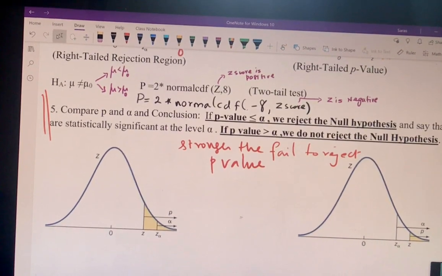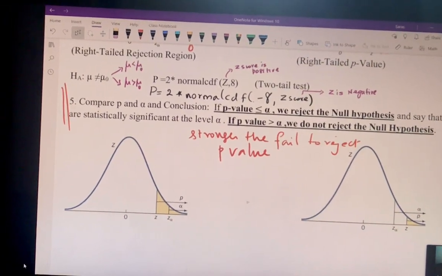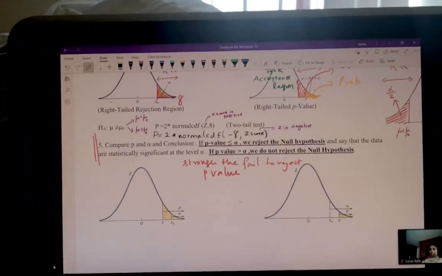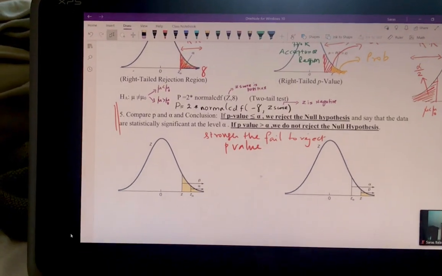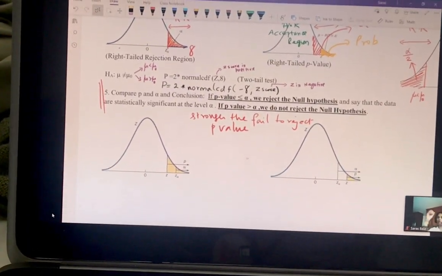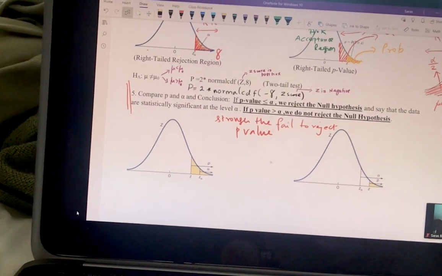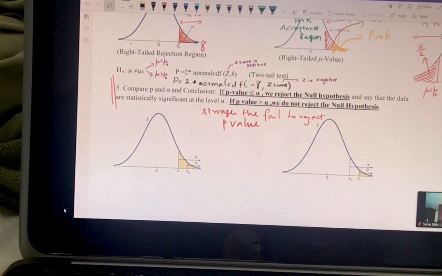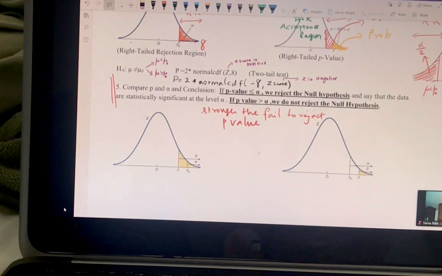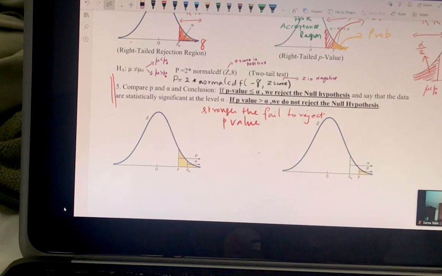If your data is giving you a smaller p-value, if your probability value is smaller than alpha, you are going to reject your null hypothesis. So the smaller the p-value, you're going to refute your null hypothesis, and you're going to say that the data is statistically significant at the given level alpha.